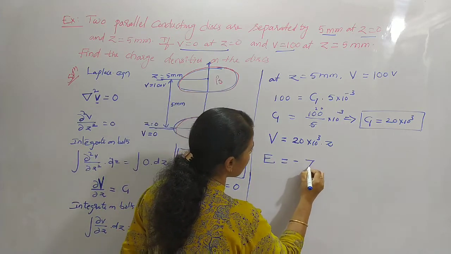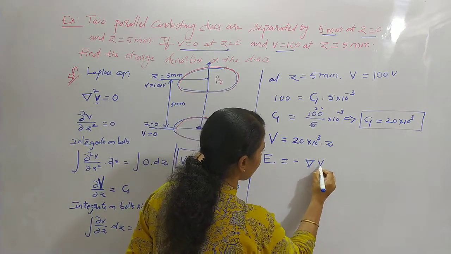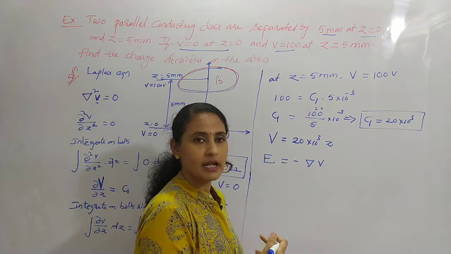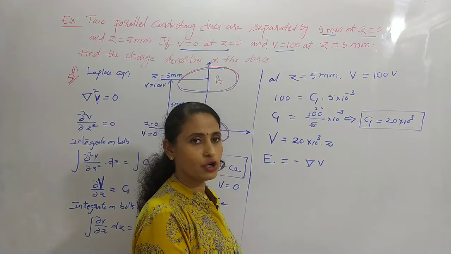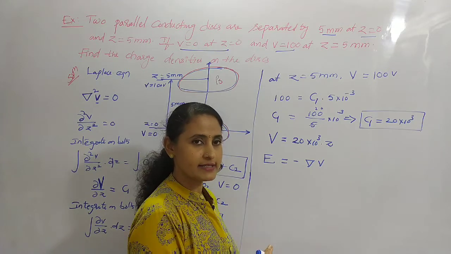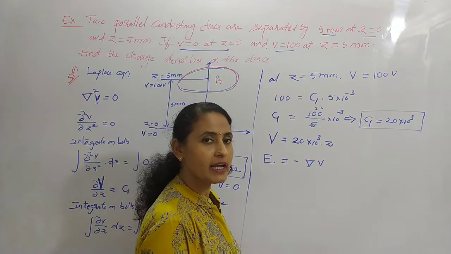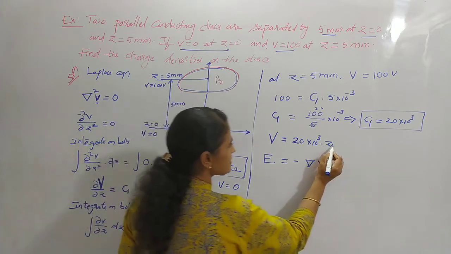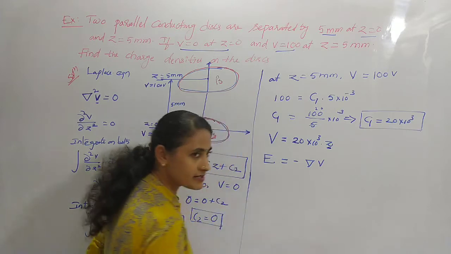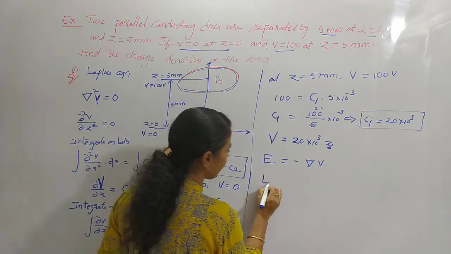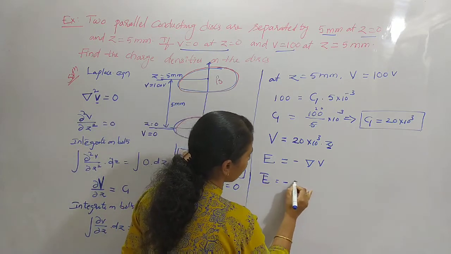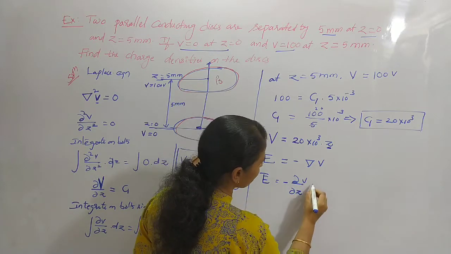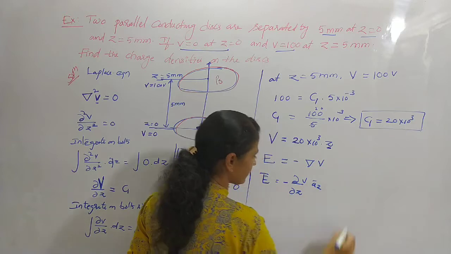E is given by minus gradient of V. Gradient means dou V by dou X, dou V by dou Y, dou V by dou Z, into Ax, Ay and Az terms. Since we have a term only along Z, I can write the electric field E bar as minus dou by dou Z, that is dou V by dou Z, into Az.